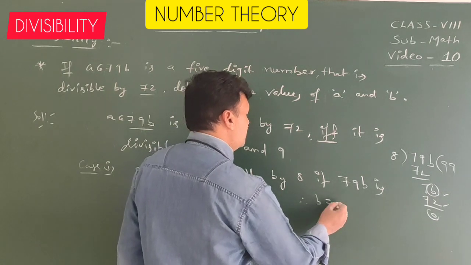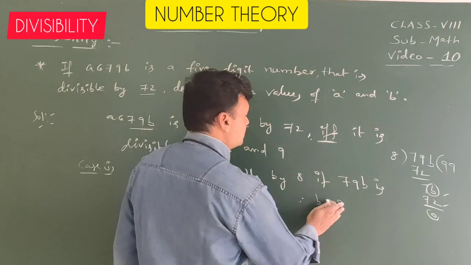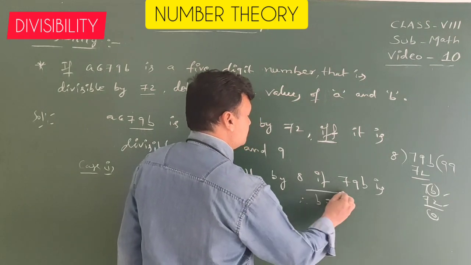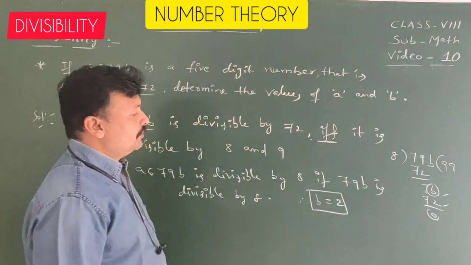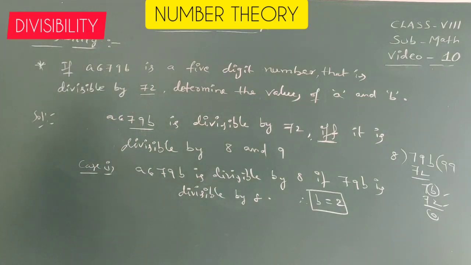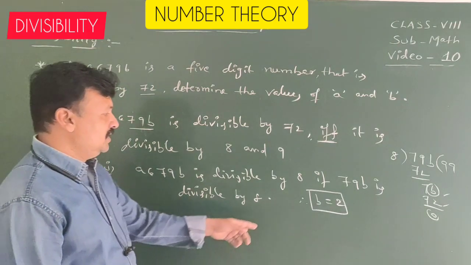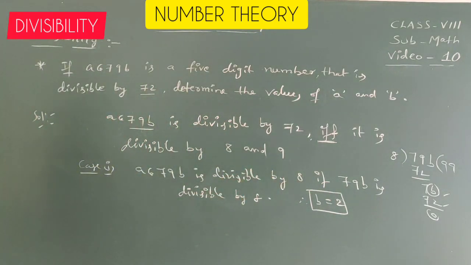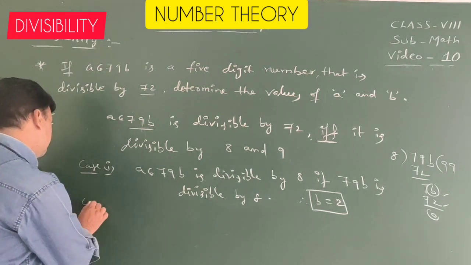Therefore, B equals 2. So instead of B, 2 is given, and only then it is divisible by 8. Okay, only one option, that is 2 for the last digit. Now, case 2.